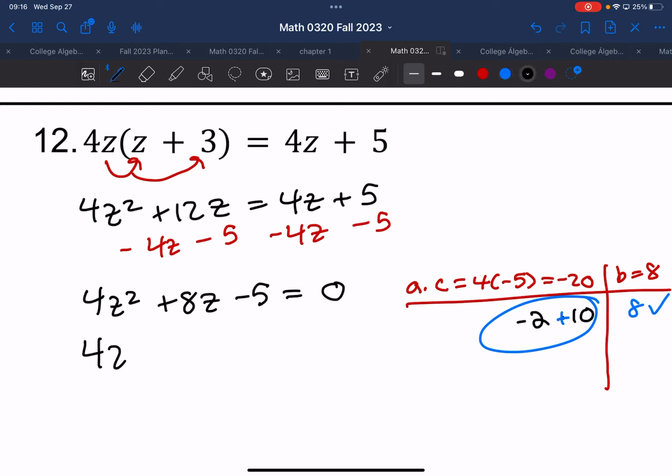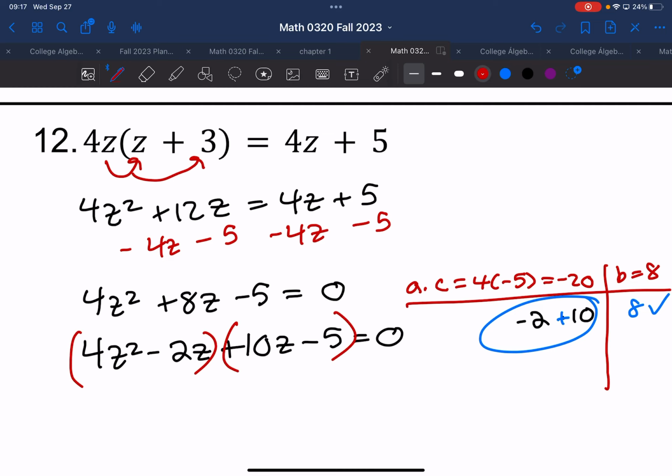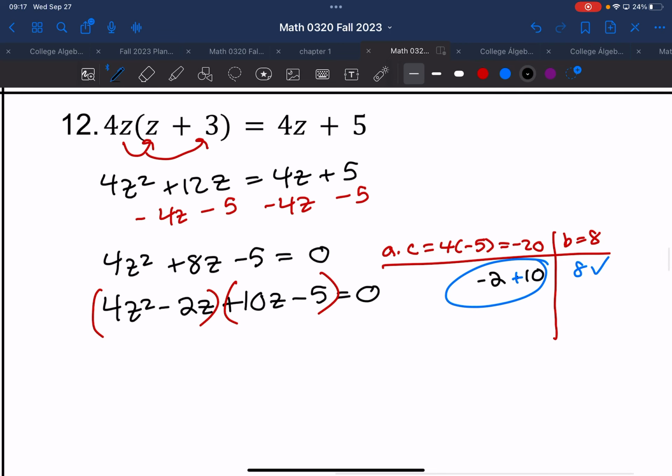So I have 4z squared minus 2z plus 10z minus 5 equals 0. So once I expanded that middle term, I'm doing my factor by grouping. And I'm taking out the GCF from each term.